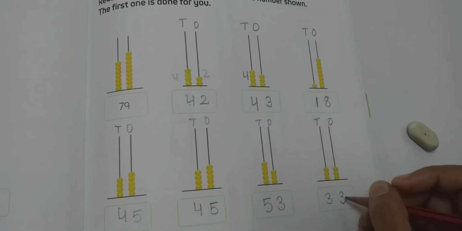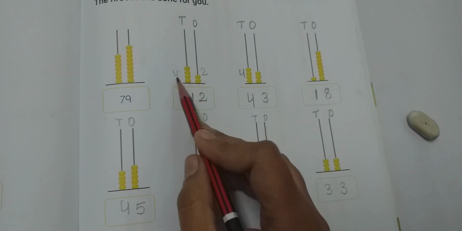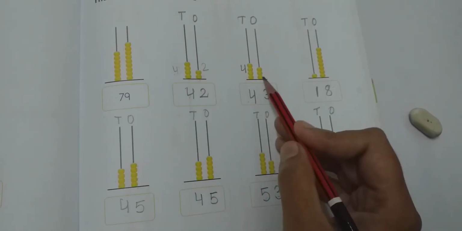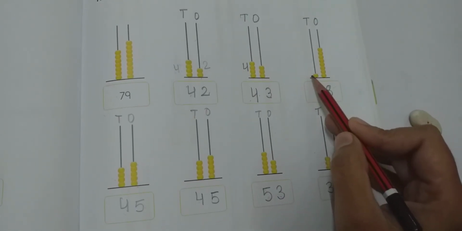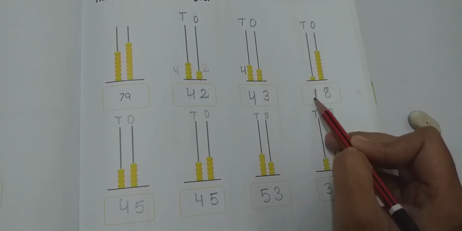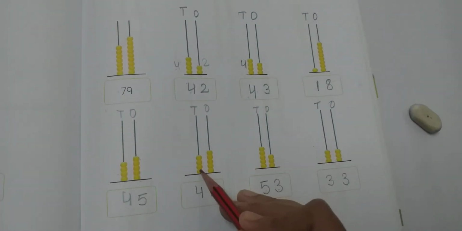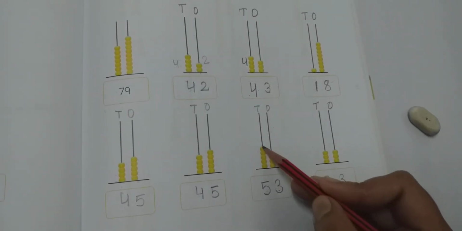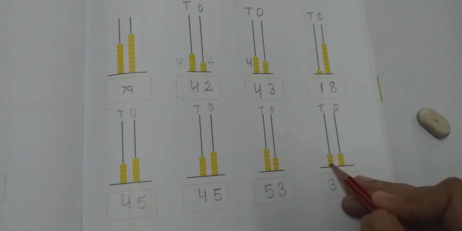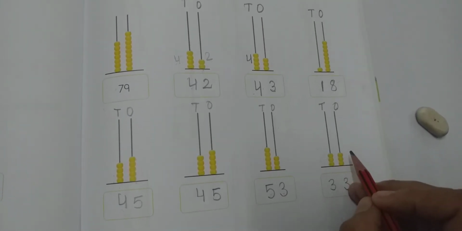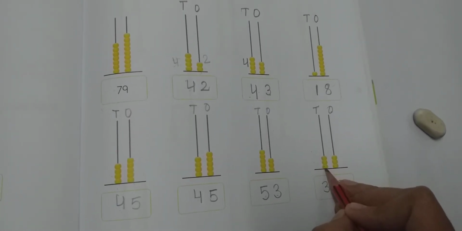Okay, so children, do you understand? 4 bunches of 40 beads here and 4 bunches of 40 beads here and 1 bunch of 10 beads. And 5 bunches of 50 beads and 3 bunches of 30 beads. एक बंच में 10 बीड्स होंगे और 3 बंच में 30 बीड्स होंगे.